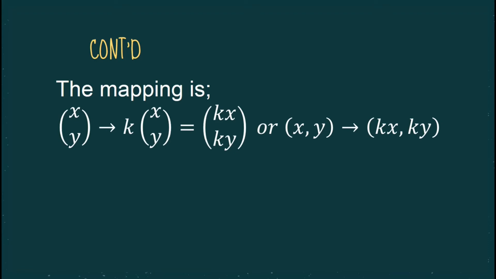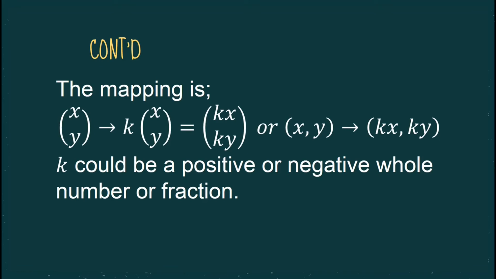That is how come we have kx and ky, which can also be written as (x, y) mapping to (kx, ky). Now the k could be a positive or a negative whole number or fraction.